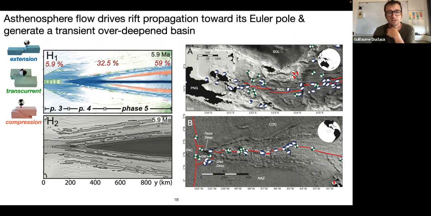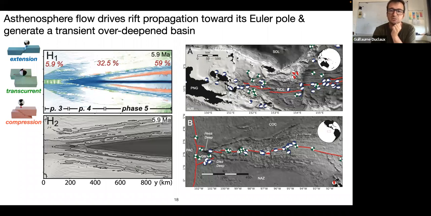What is quite nice and interesting compared to our simulation is the fact that you've got quite a diversity of earthquake focal mechanisms, where you've got some compression going on the side of the model, which might be comparable to what we see in our model, where we see phases of inversion along the margin of the rift.